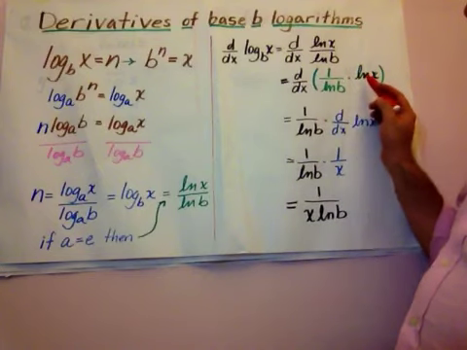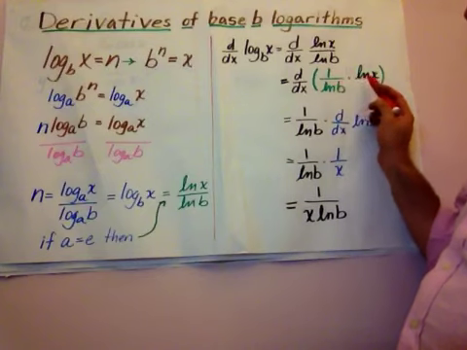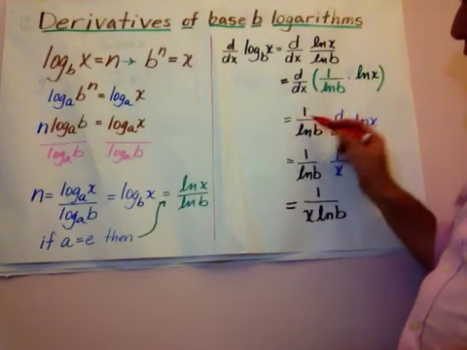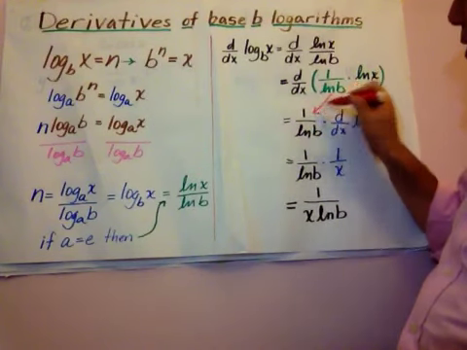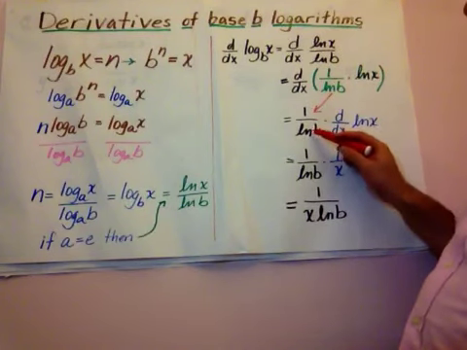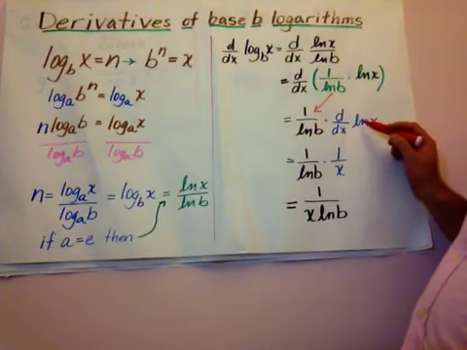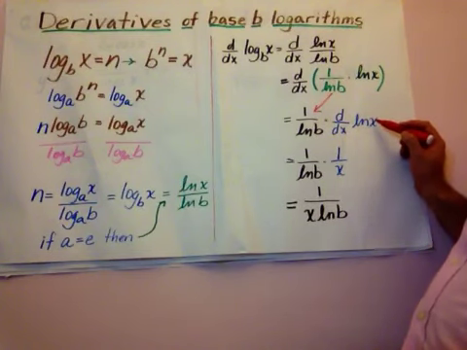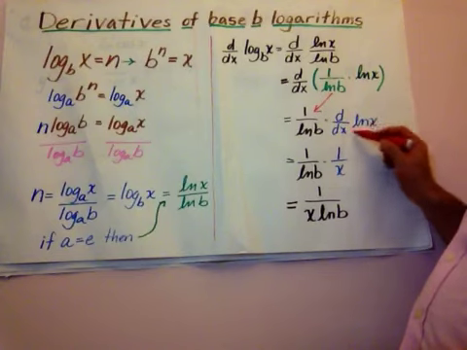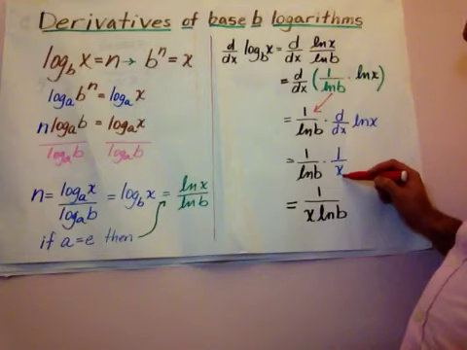Okay, no derivative yet. We know that the derivative of a constant times a function is the constant times the derivative of the function. So 1 over ln of b times the derivative with respect to x of ln of x. And this derivative is, of course, 1 over x.